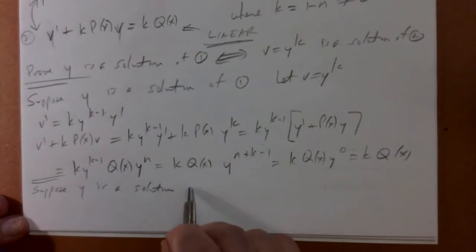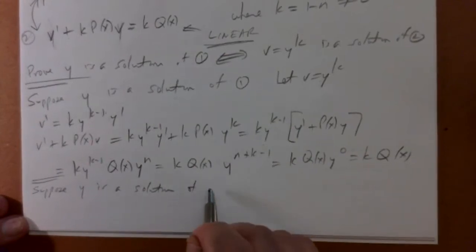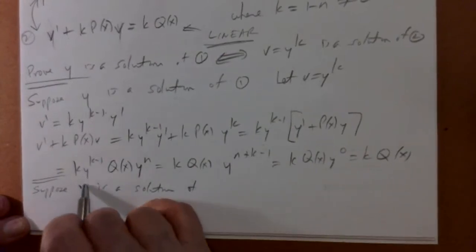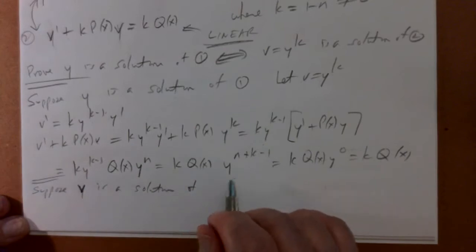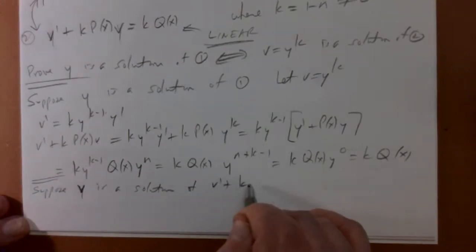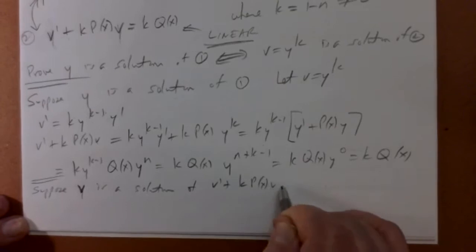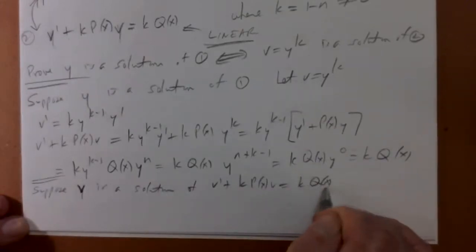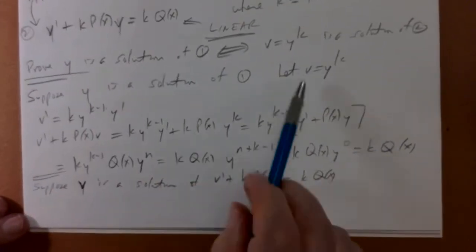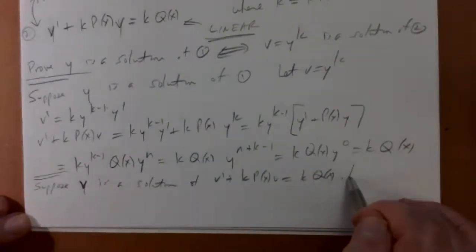Suppose v is a solution of v prime plus k p of x v is k q of x, and I let v equal to y to the k.